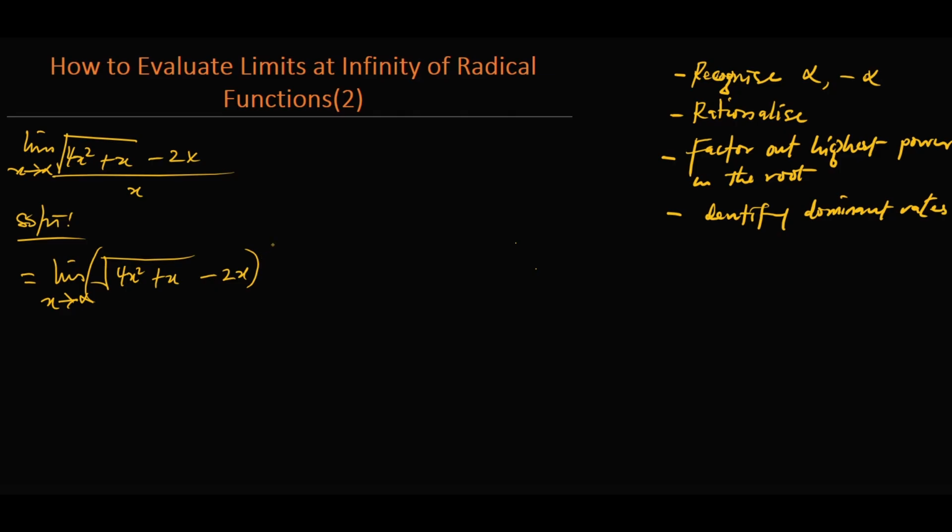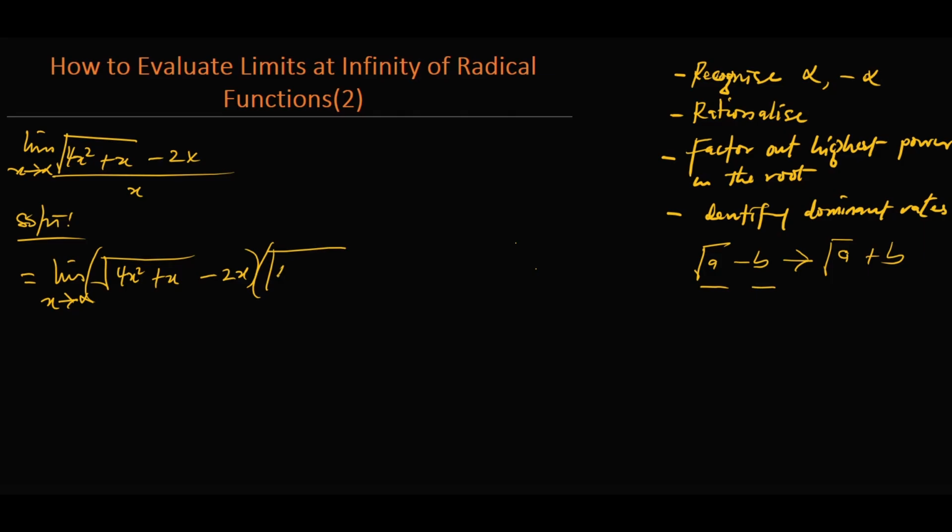Multiply by its conjugate. Remember, the conjugate is simply flipping the sign. If you have root a minus b, the conjugate will give us root a plus b, provided it's in binomial form, meaning there are only two terms in the expression.